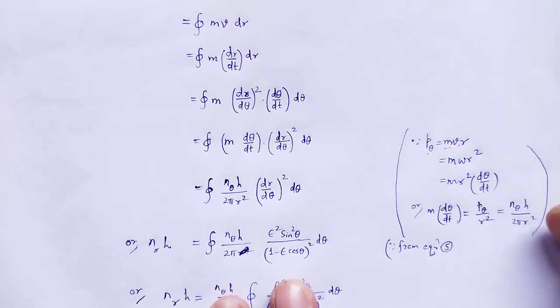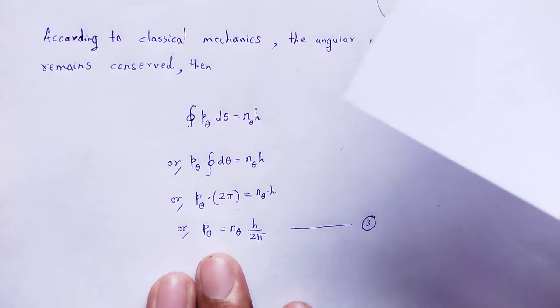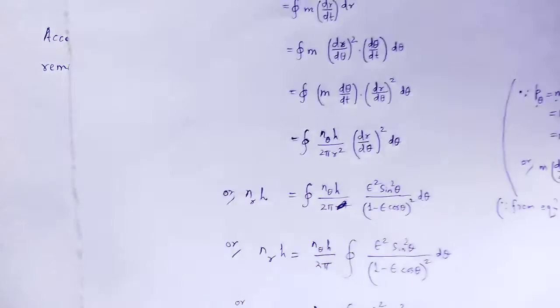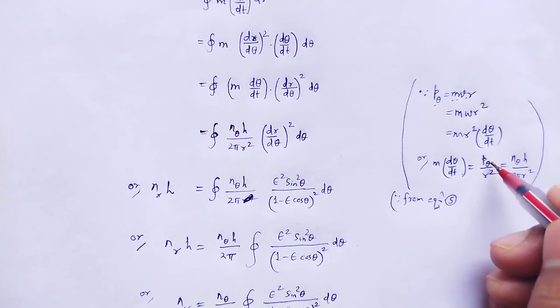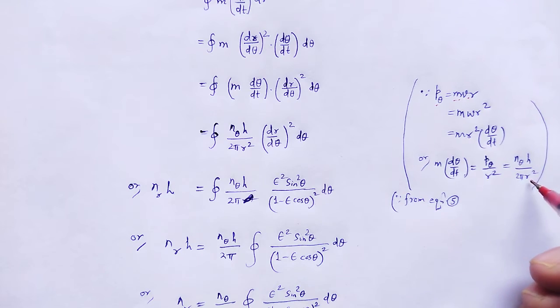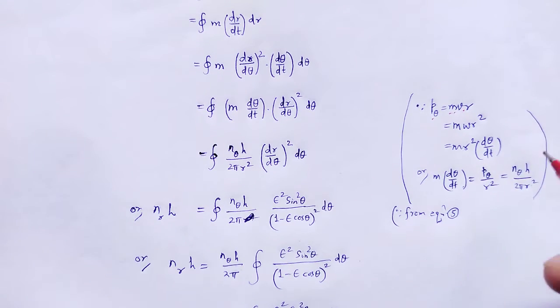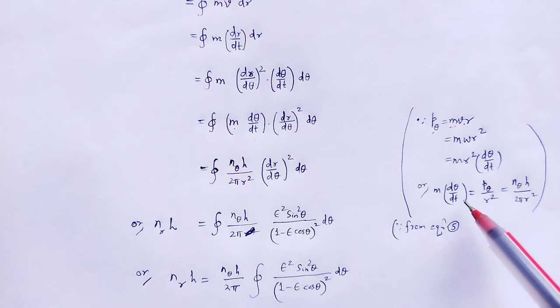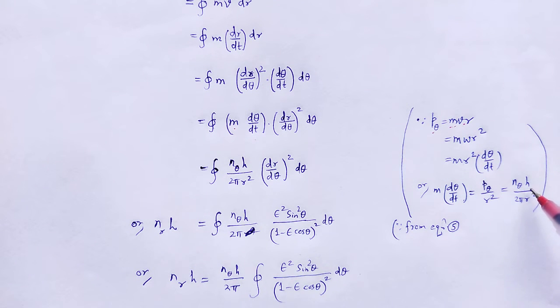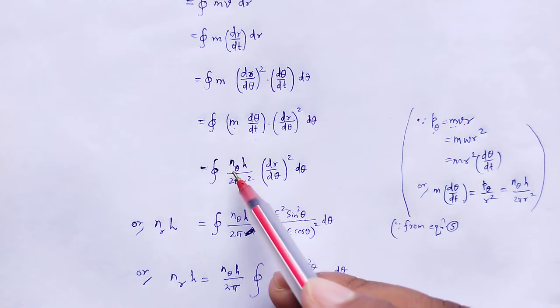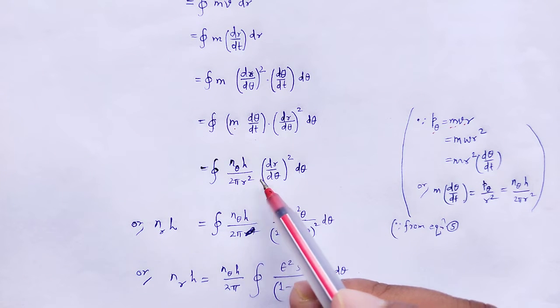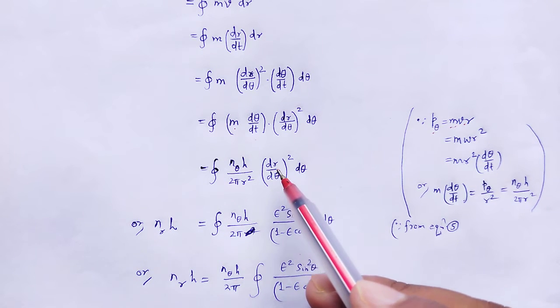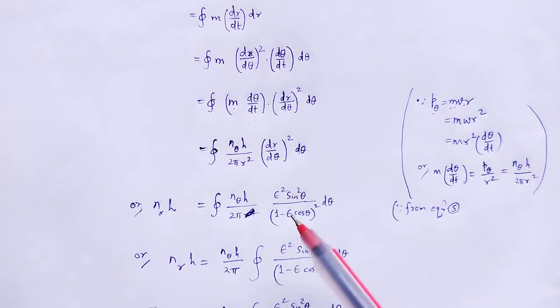As we previously derived, p theta is n theta by 2 pi. Instead of p theta, we substitute n theta divided by 2 pi. That relation is used here. So m d theta by dt is replaced by n theta divided by 2 pi r square, with the usual terms, dr by d theta whole square d theta.